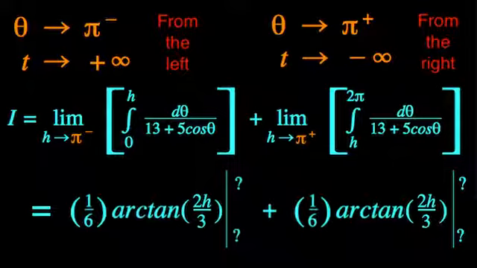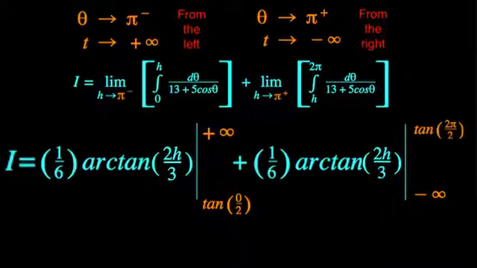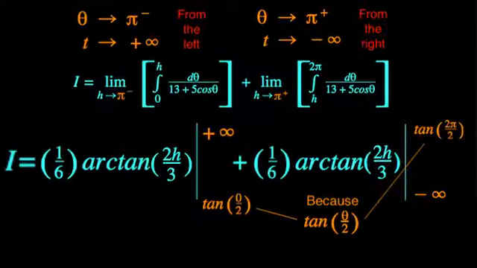So now we can fill in the limits for t on the bottom. No mystery here. We're integrating arctangent across boundaries specified by t equal to tan theta over 2.